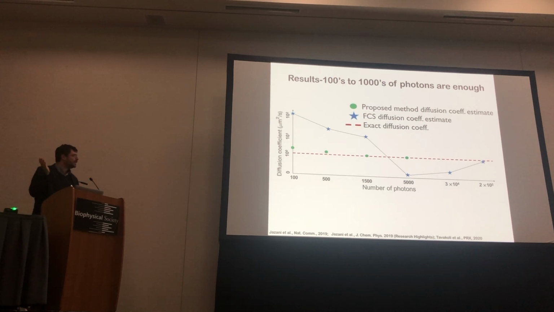For the parameters that we've selected, you can pretty much see that within 800 to 1,000 photons, we've converged to the correct diffusion coefficient. FCS is the blue star, and you can see that it takes a couple orders of magnitude more data for it to converge to anything reasonable. And keep in mind that the y and x axes are in logarithmic scale, right? So it takes quite a bit longer.